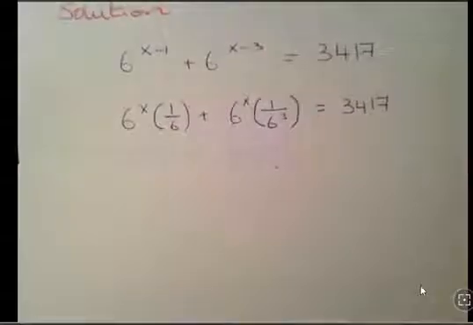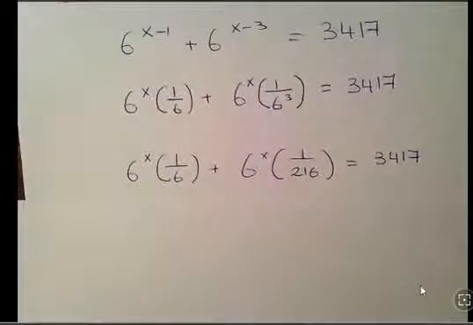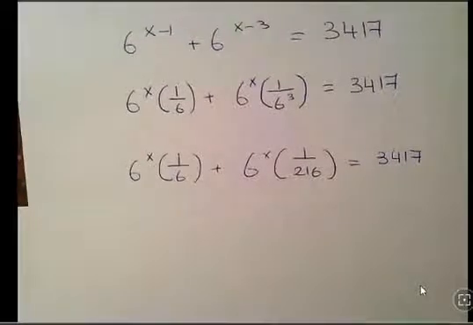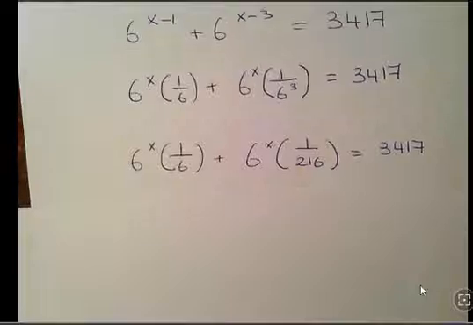Simplifying a little further, 1 over 6 cubed is simply 1 over 216. What we're going to try and do is get 6 to the x on its own with some fraction.